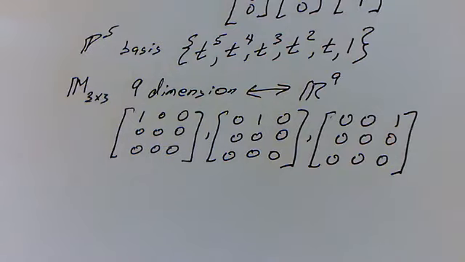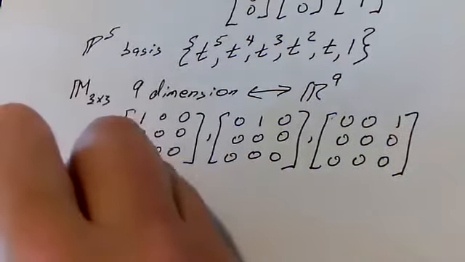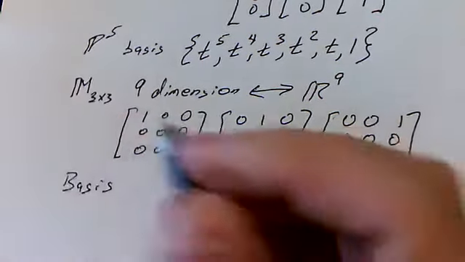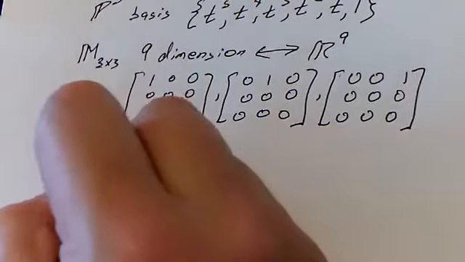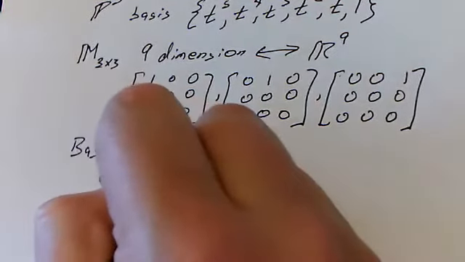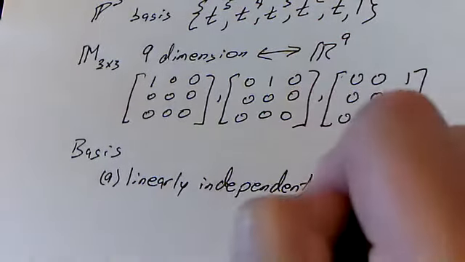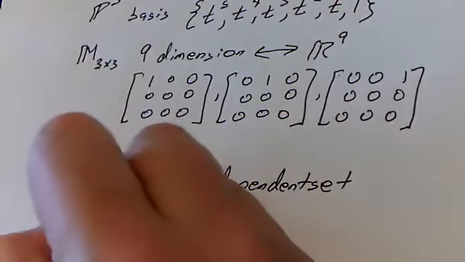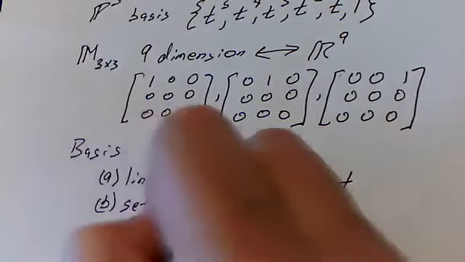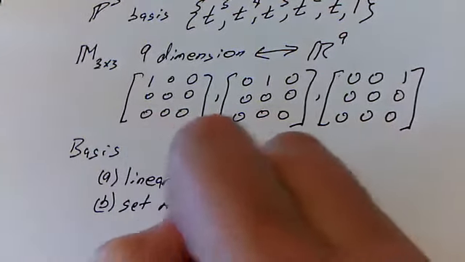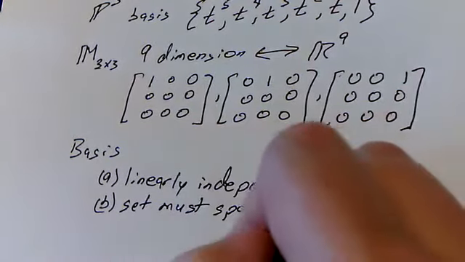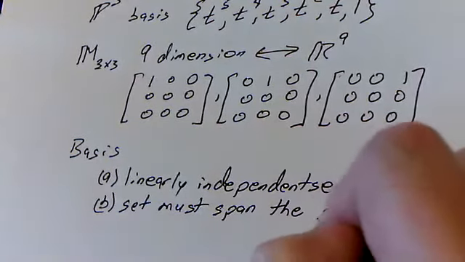One more there for polynomials, okay? So remember, to be a basis, you must have a linearly independent set, and the set must span the space.